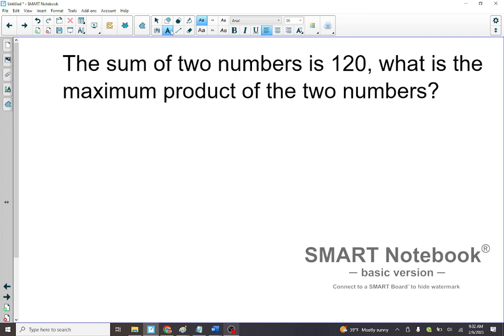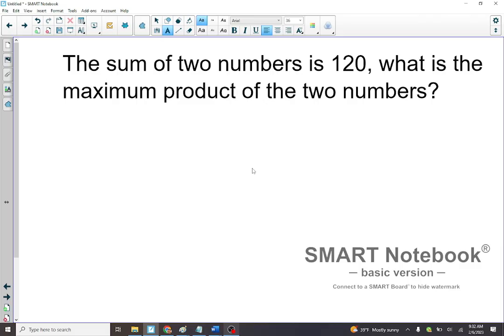So in this situation, we want to set up our equations.